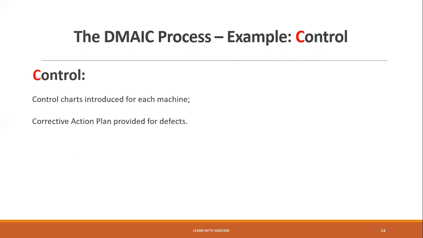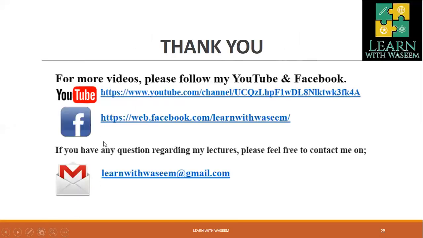Those processes that are out of the control limit, we have to take corrective actions to move them within the control limit. Okay, so that is very important. We want the normal processes, we want the ideal processes, and we can do that by using different tools like the control chart we have mentioned here, as you can see on the screen.